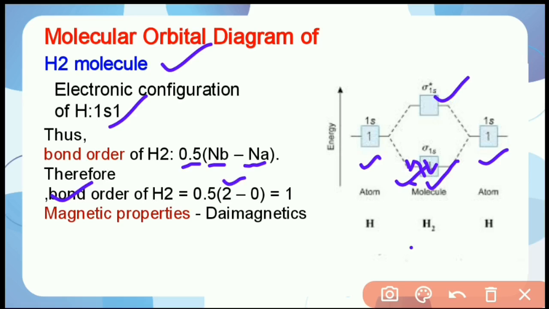When we calculate, we get the answer 1. It means hydrogen has only one bond, and in the molecular orbital paired electrons are present, so its property is diamagnetism.